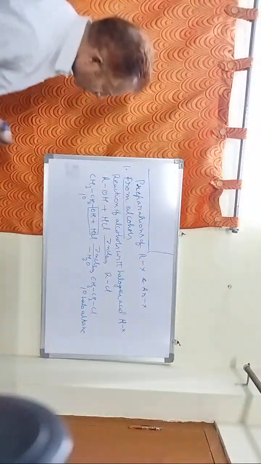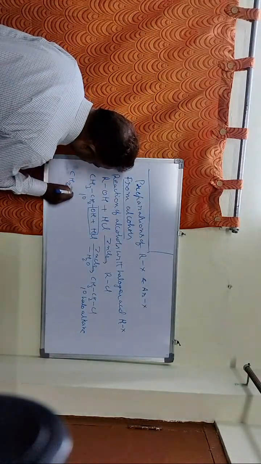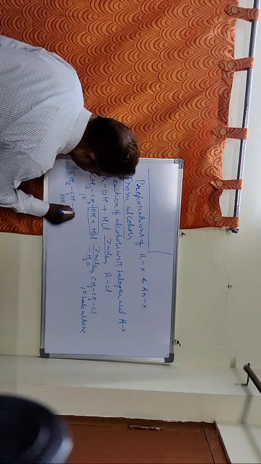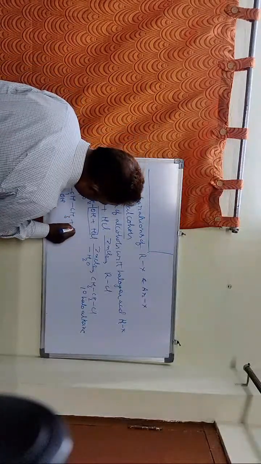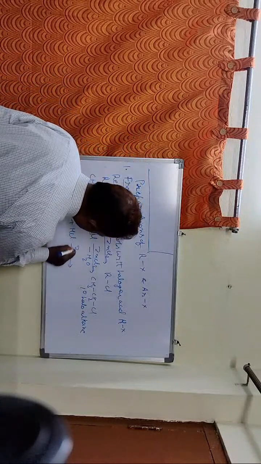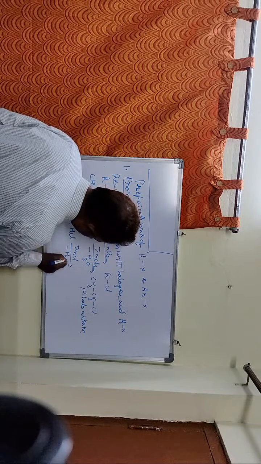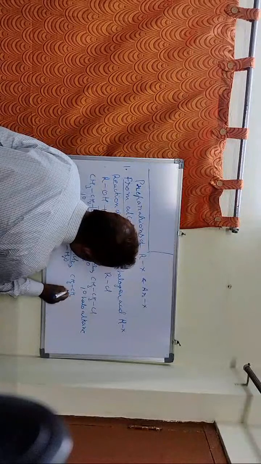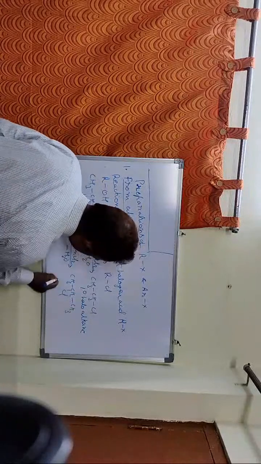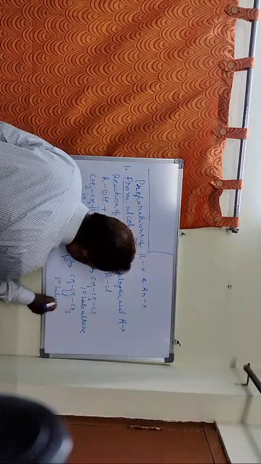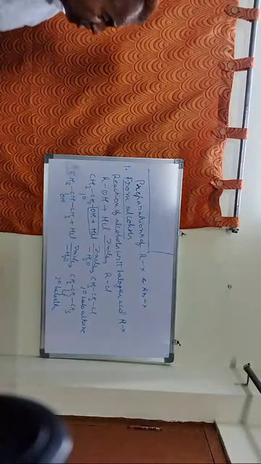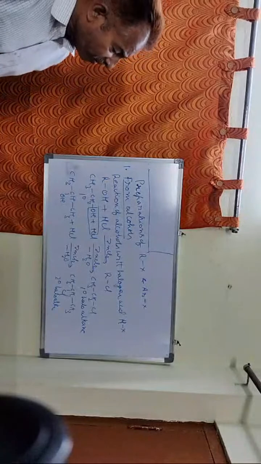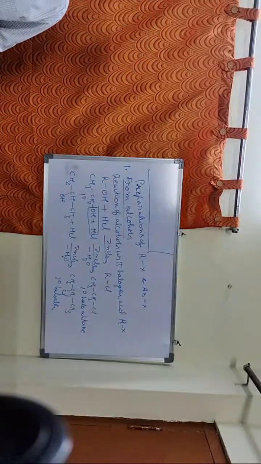Suppose we take a secondary alcohol, CH3CHOHCH3, plus HCl, zinc chloride, minus H2O, we get CH3CHClCH3. This is a secondary haloalkane. So primary and secondary alcohols give primary and secondary haloalkanes.